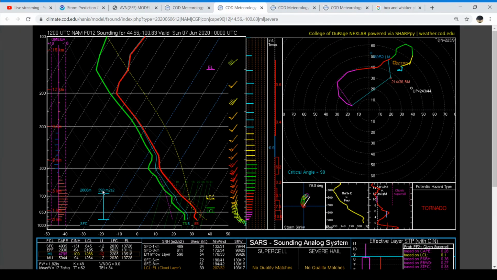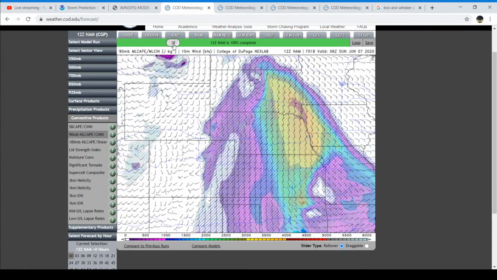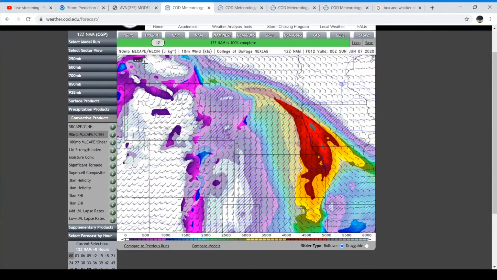So we can see that. So we could probably still see some brief spin up tomorrow. It looks like there's some sort of capping here maybe. Or no, that's showing convective inhibition. So we'll definitely have to see what happens. See if these storms are able to break through the convective inhibition.